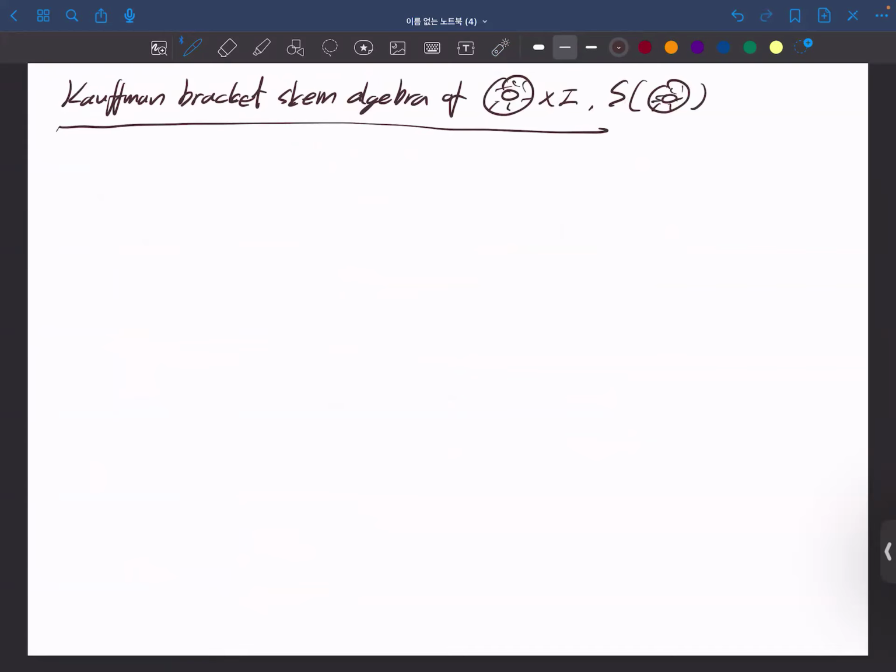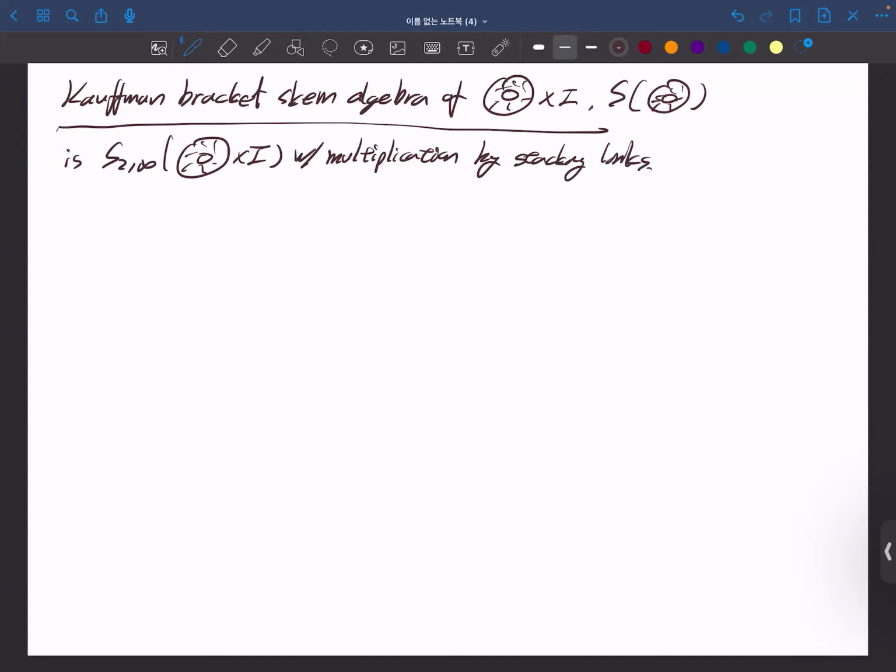What does it mean? This is the skein module of the annulus times I with multiplication by stacking links. Then what is stacking links?